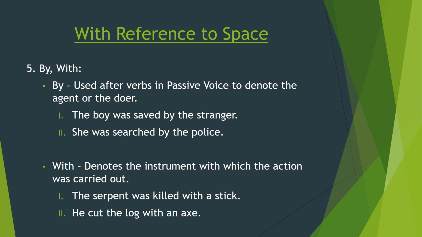We will not say by a stick. It can be, the serpent was killed with the stick by Rohit. He cut the log with an axe. With an axe means the axe is an instrument used to cut the log. So by is used with the agent and with is used for the instrument.